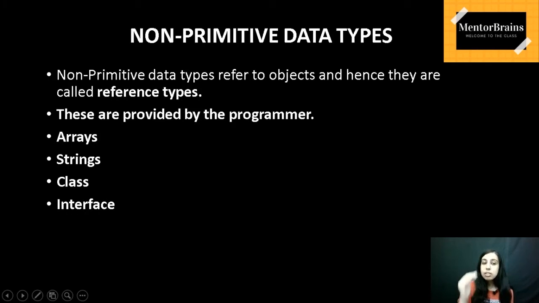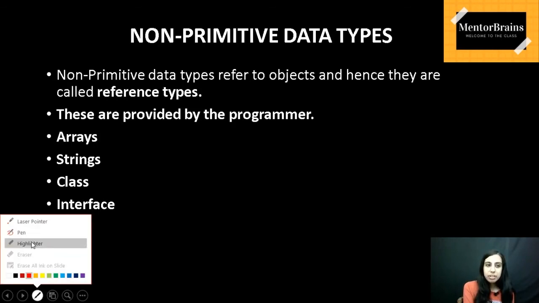That is, the data types we have studied: byte, short, int, long, float, double, char and boolean. We are going to take these data types and help form some other types of data, and these are called non-primitive data types, right?